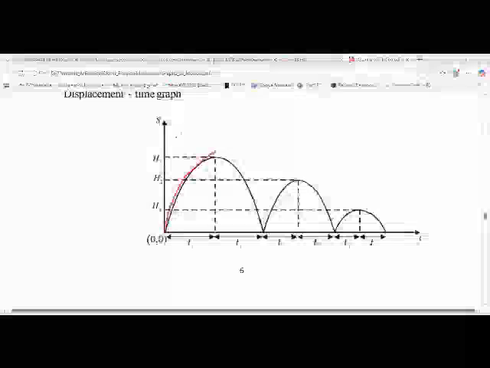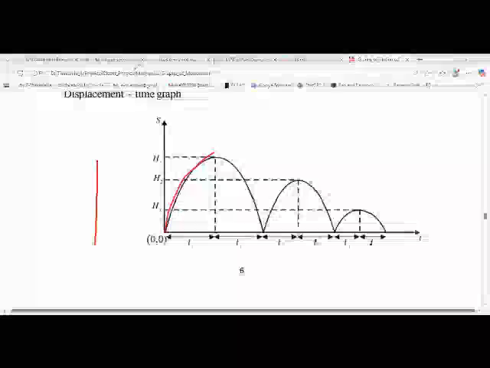Already you know, if you project something vertically, the velocity decreases.